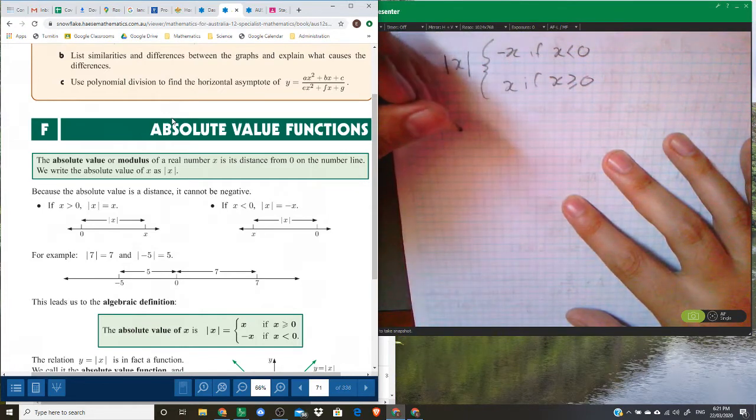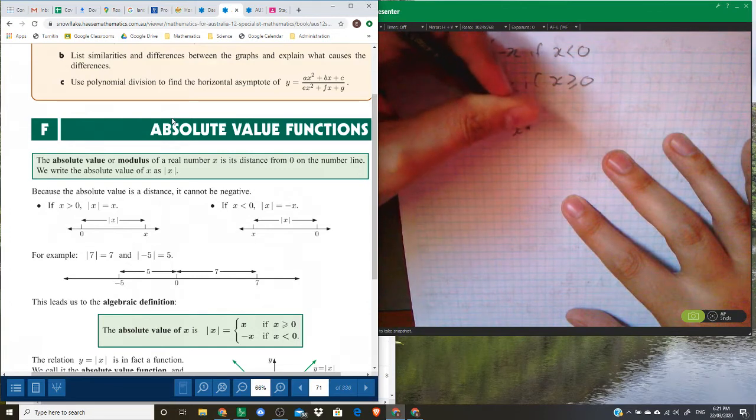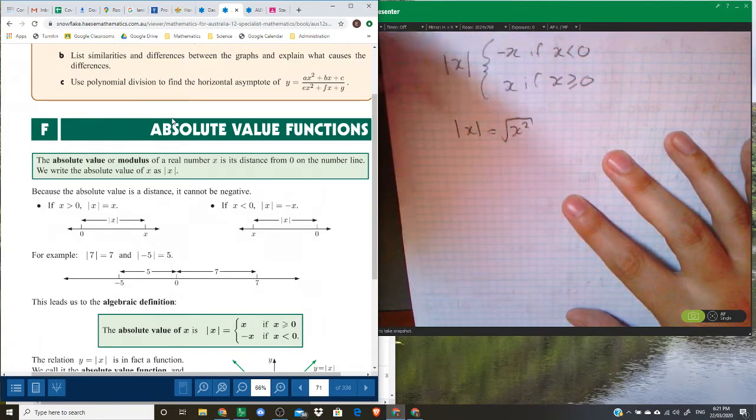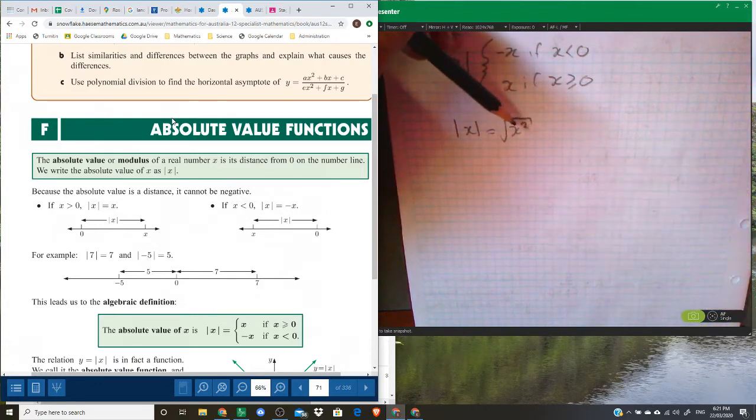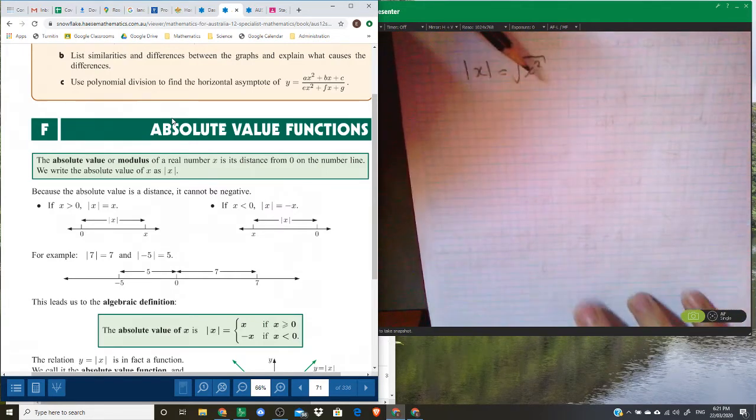Another way you can represent it is to take the square of x and then take the square root. But this way is quicker. If you square a negative, you end up with a positive. You take the square root of that, it's still positive. The square root only returns the positive value by definition.